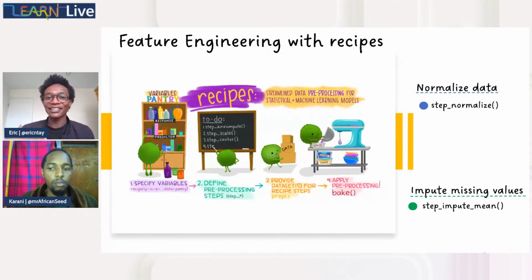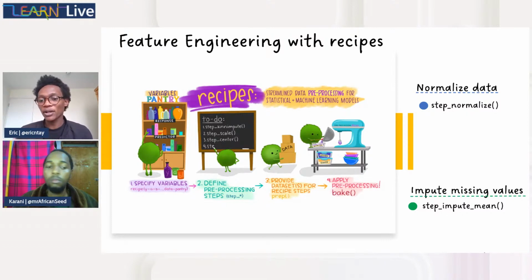Another feature engineering step is simply replacing missing values, because sometimes missing values can either skew the results or make a model not run completely, because some have no way of handling missing values.